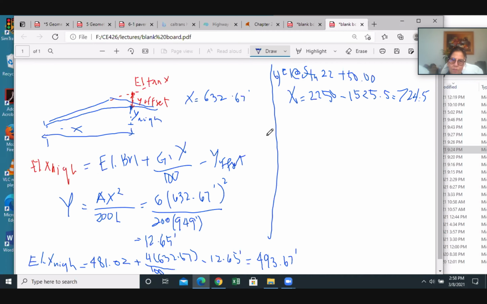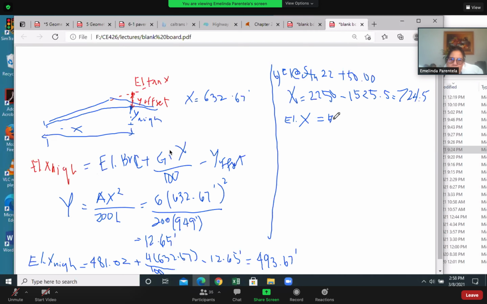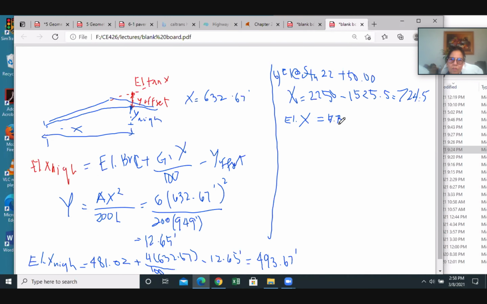So again, elevation at point x is equal to the elevation of BBC plus G1x over 100, minus y.